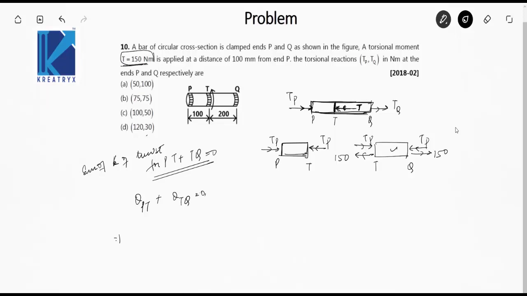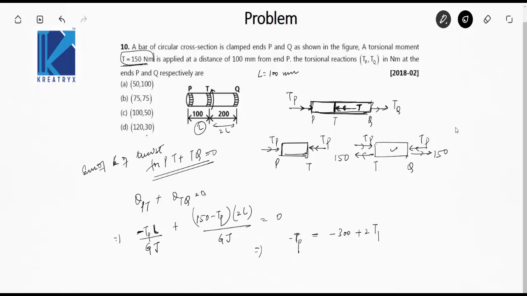That implies minus TP L by GJ, due to sign convention I've taken this minus, plus (150 minus TP) 2L by GJ. Let L be 100 mm, so if this is L, this will be 2L, is equal to 0. When you solve this, minus TP is equal to minus 300 plus 2 TP, and that implies TP is equal to 100 Newton meter.